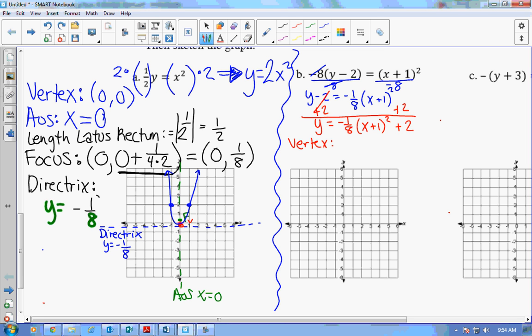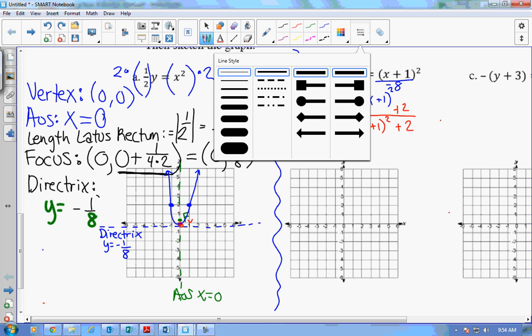With your partner. Make sure it's in the right way for me to see. Good. Should be -1. Oh, they even have the comma. Way to be. -1, comma, 2. Excellent.